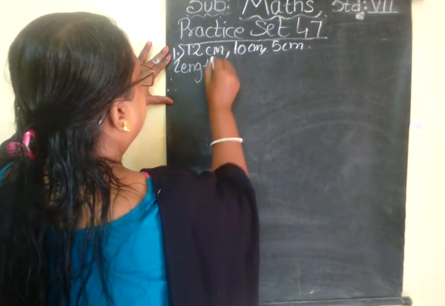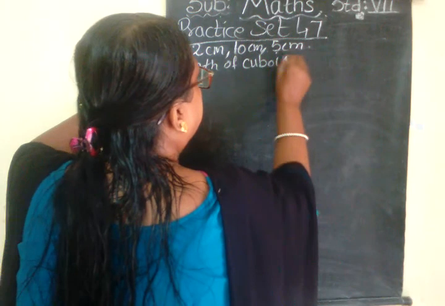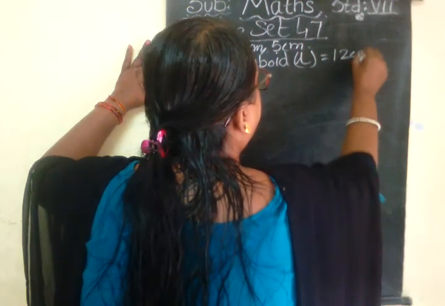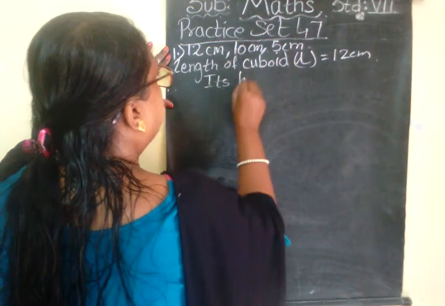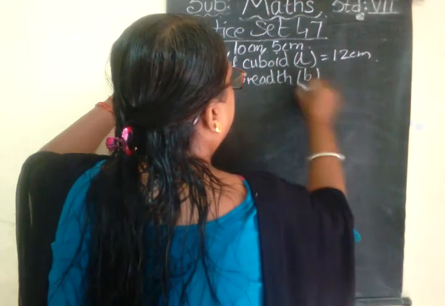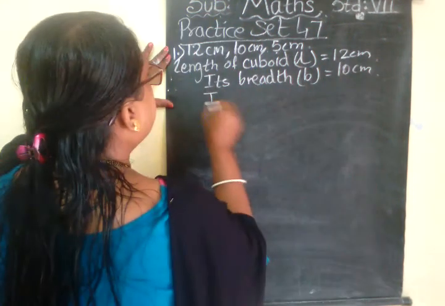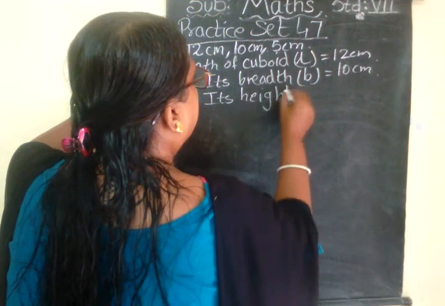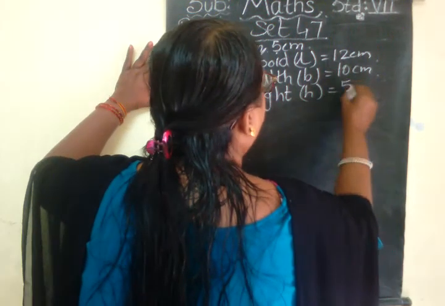Length of cuboid L equals 12 centimeter, its breadth B equals 10 centimeter, its height H equals 5 centimeter.